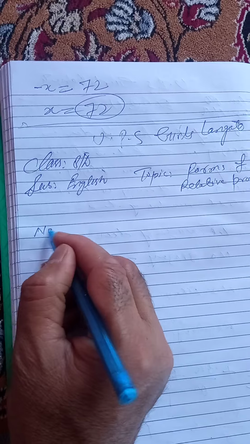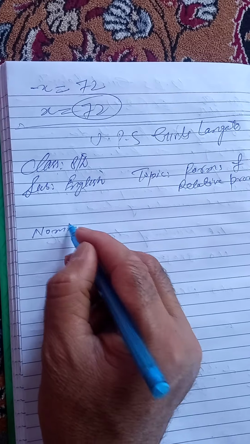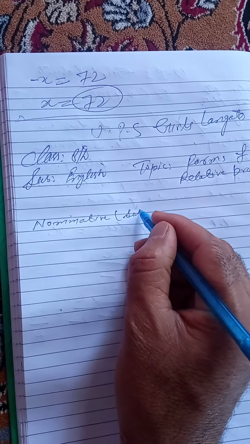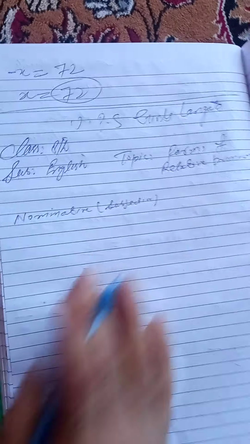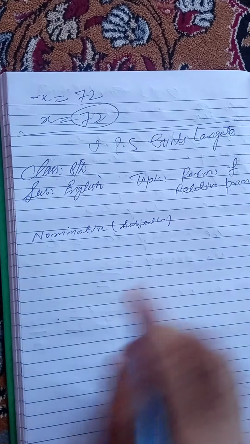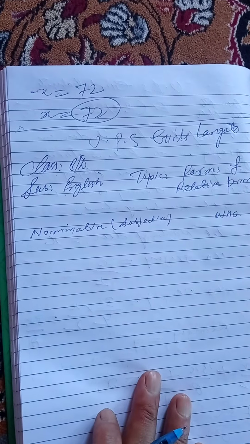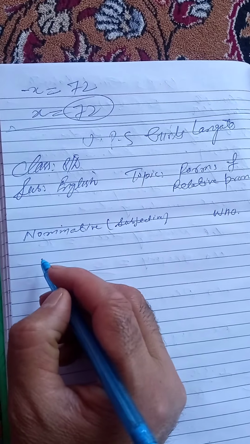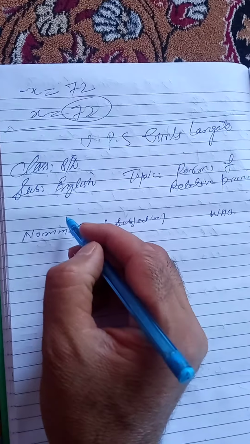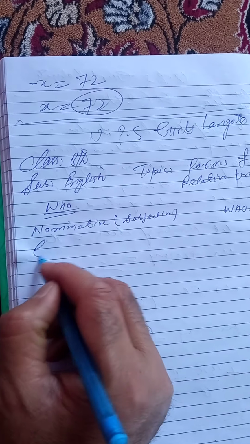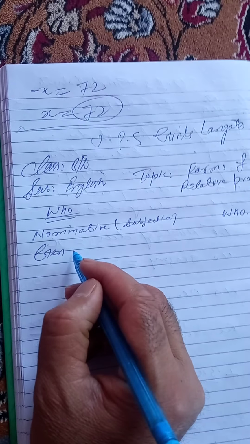The first is the nominative case, or subjective, where the relative pronoun is used as a subject. The word used is who. This is the relative pronoun who. Second is the possessive, or what we say the genitive case.